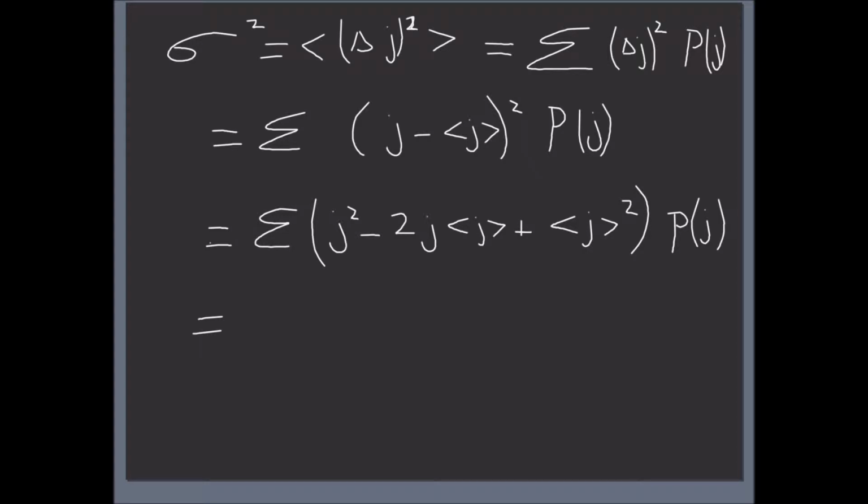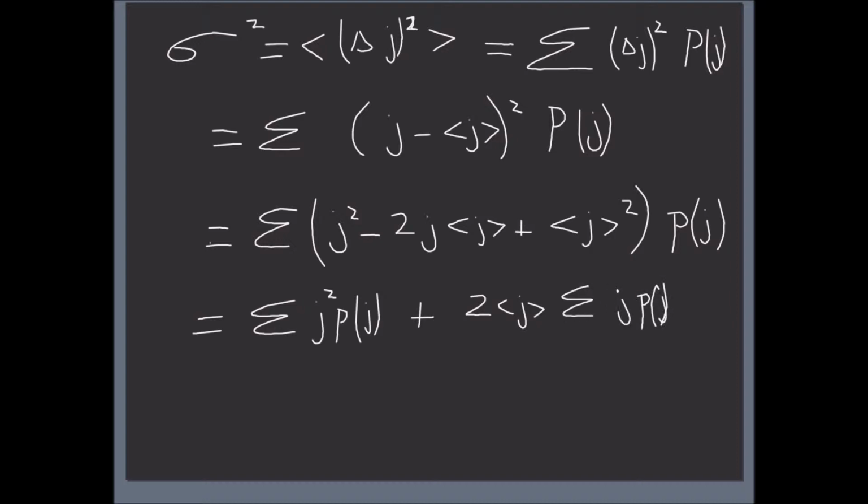So if we separate all of these, we should get the following, right? The sum of j squared P of j, minus 2 times expectation value of j times the sum of j P of j, plus expectation value of j squared times the sum of the probabilities.